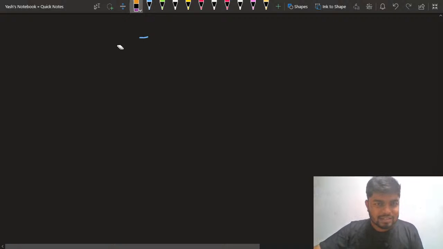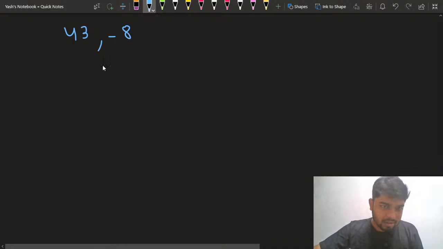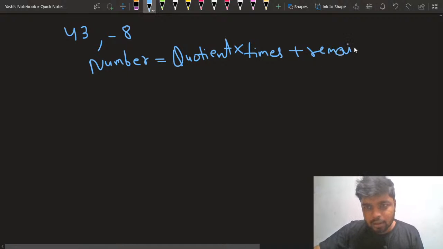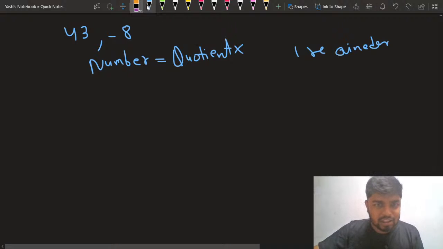So let's say I have this example, 43 and -8. A number can be written in the form of quotient times the divisor, plus the remainder.